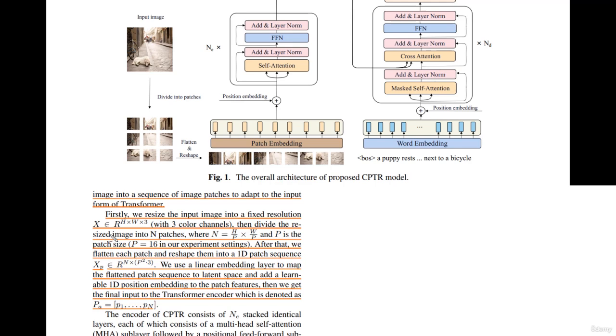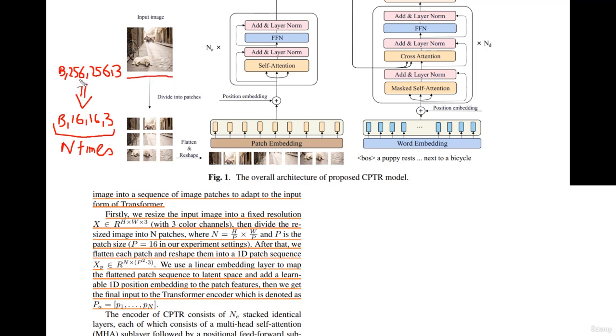That said, to be more precise, what the authors did was that, supposing we have this input, batch size by 256 by 256 by 3, which is this image right here.